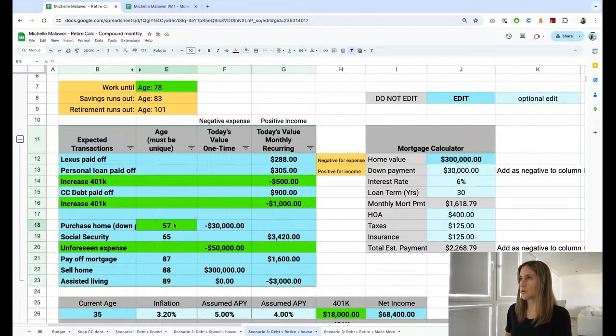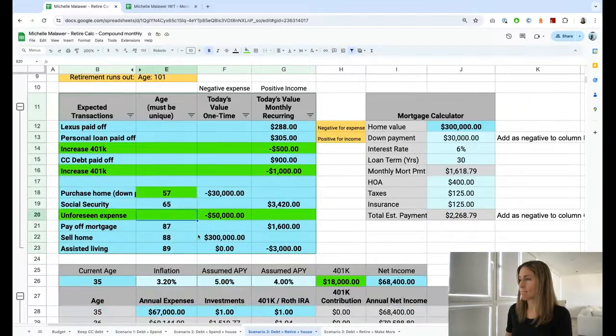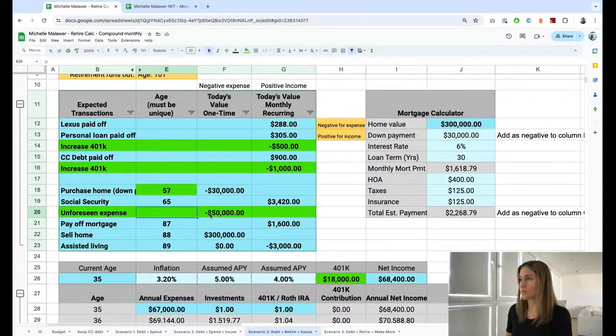So 57 could work. Retire at 78. Unforeseen illness, 20K at, let's say, 73.